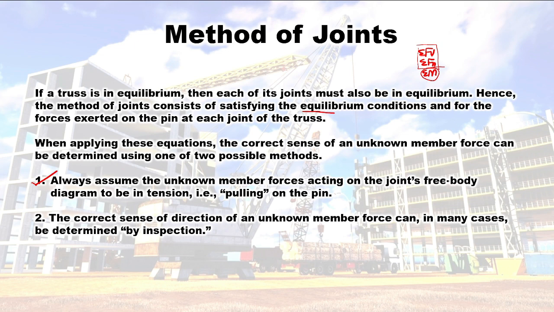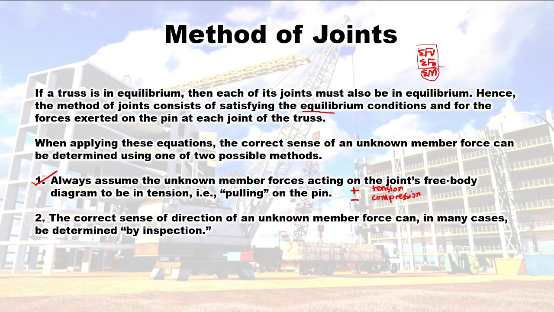We will assume that all members are in tension. So yung sagot natin dito, if we come up with a positive answer, therefore it is in tension. Now, pag negative yung sagot natin, it would become compression. So that is our first assumption.